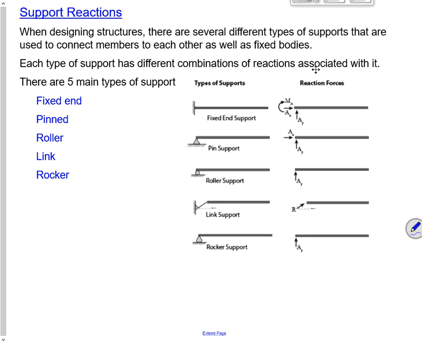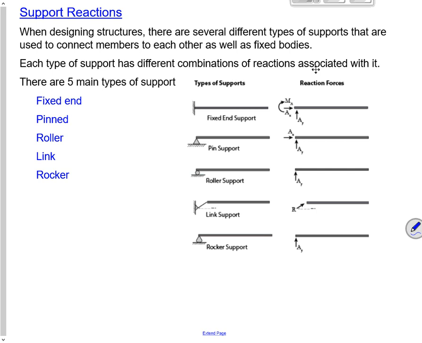The 5 main ones are a fixed support, pinned, roller, link, rocker. A fixed support in 2 dimensions provides 2 reaction forces, x and y directions, and a moment. And it's going to prevent this thing from moving. That's what those are trying to do.